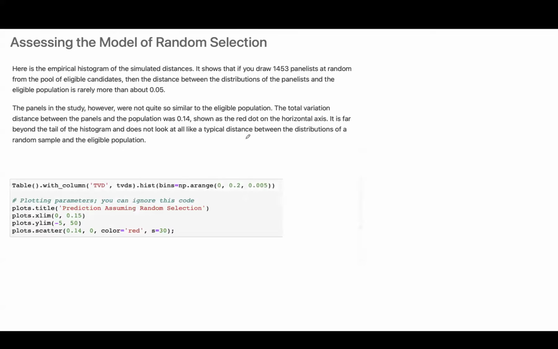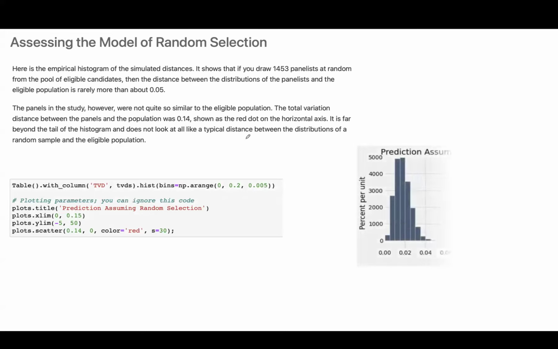So let us take a look at our lines of code. They're going to create this histogram. On the horizontal axis, you have the TVDs, and basically what you see is 14%, which is far away from the majority of the data, which are located here on the left-hand side.